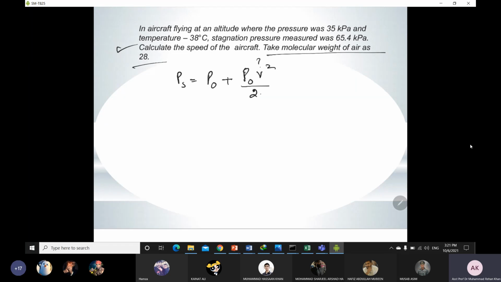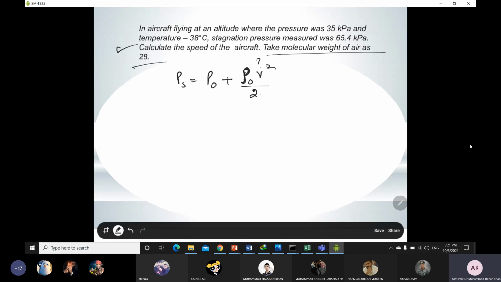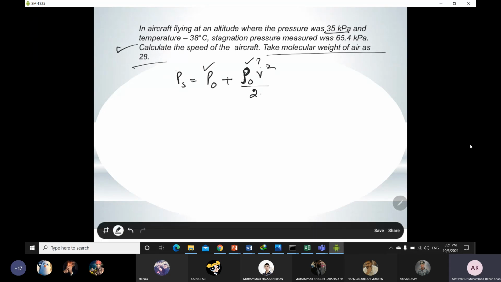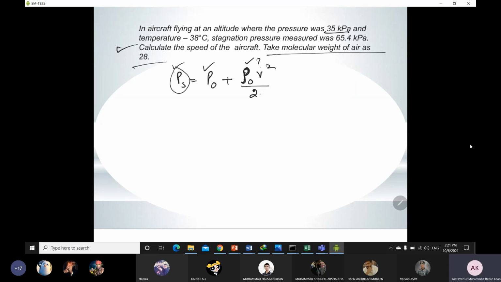Sorry, this is rho naught, not p naught. We have the value of p naught, 35 kilopascal. The rho naught value we have to find, and stagnation pressure is also known to us.